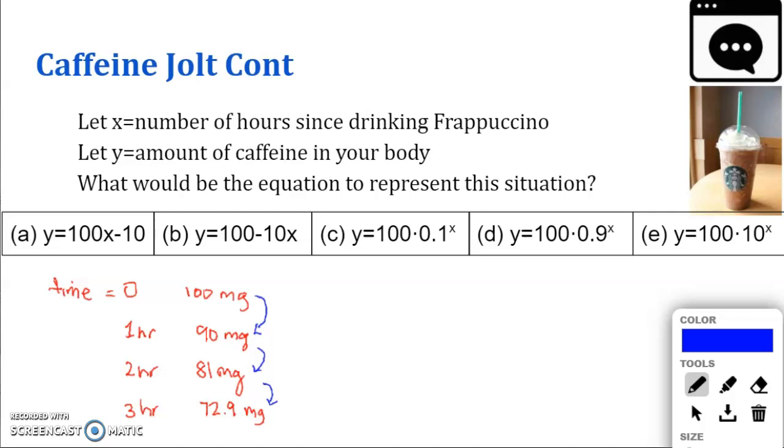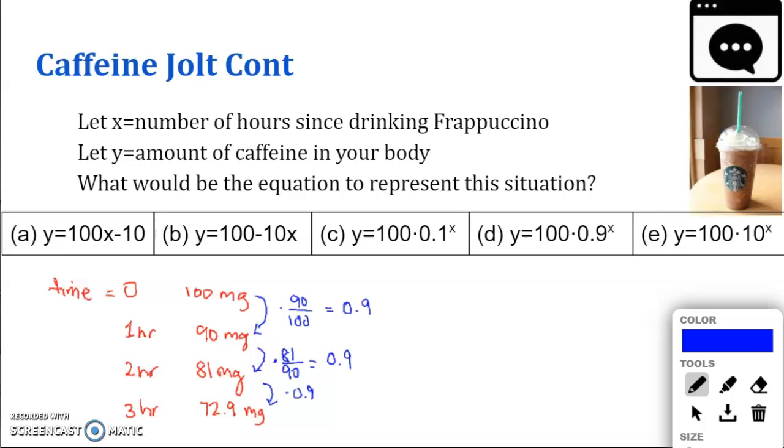To figure out the number, you take whatever the number is and divide by the previous. So 90 divided by 100 is the same as 0.9. And 81 divided by 90 also simplifies to 0.9. So you're multiplying by 0.9 each time.